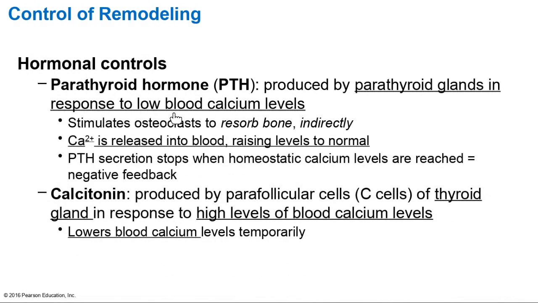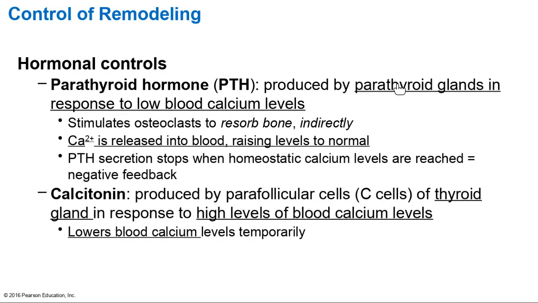All right, so parathyroid hormone and calcitonin. This is really important, probably the most important part of this first half of this lecture, understanding how these hormones affect blood calcium level. First of all, parathyroid hormone, or PTH, is produced by the parathyroid glands.